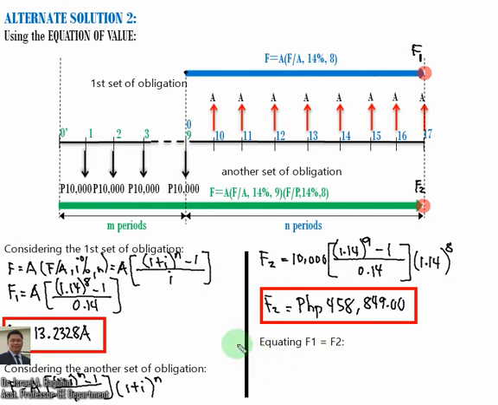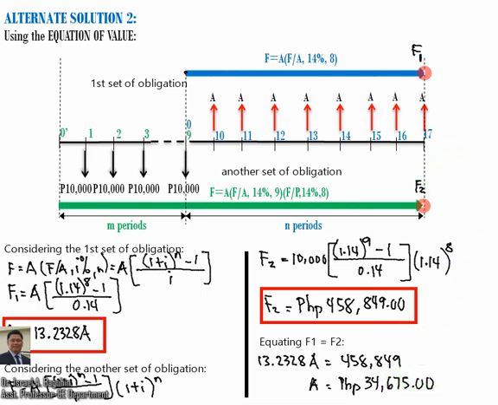So we have here 13.2328 of A is just equal now to 458,849. Okay, so we can actually get now the value of our annuity, which is equal now to 34,675 pesos.